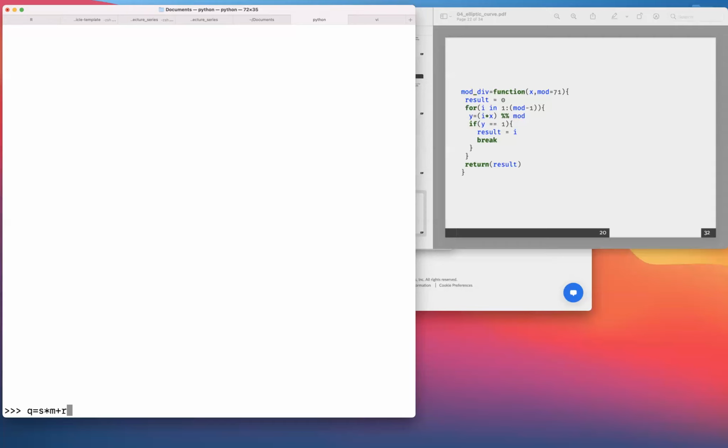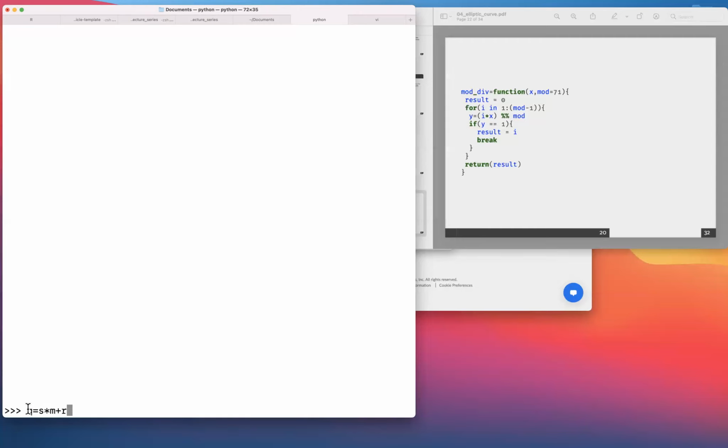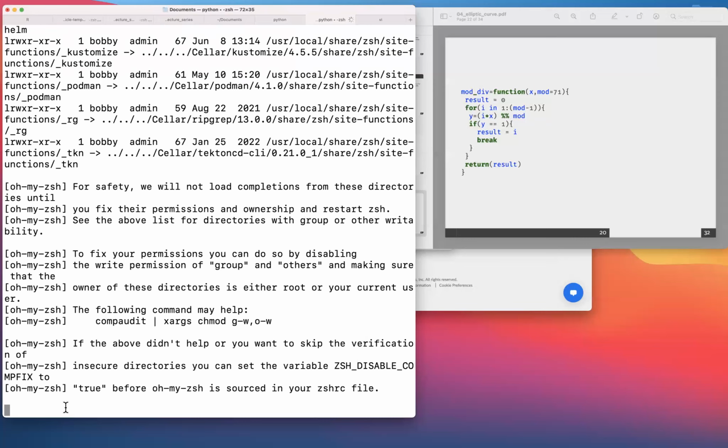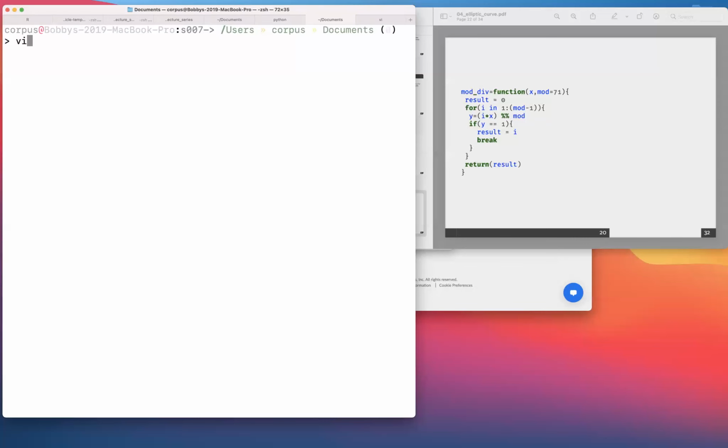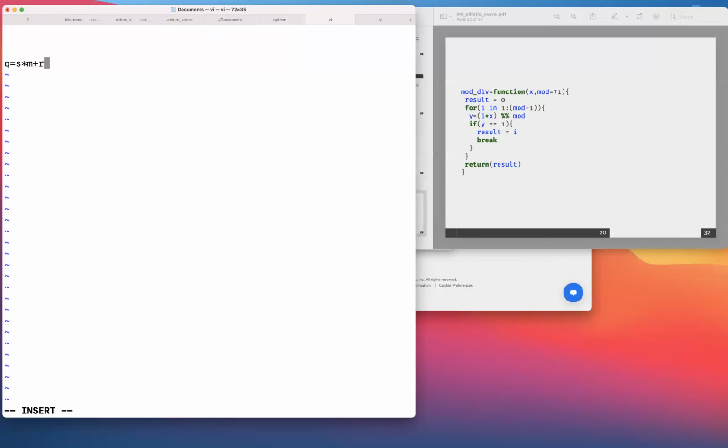When you say q is equal to r modulo m, this is what this means.